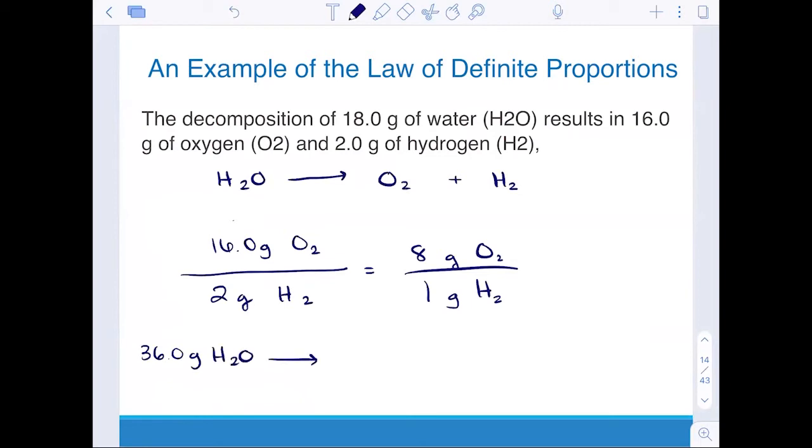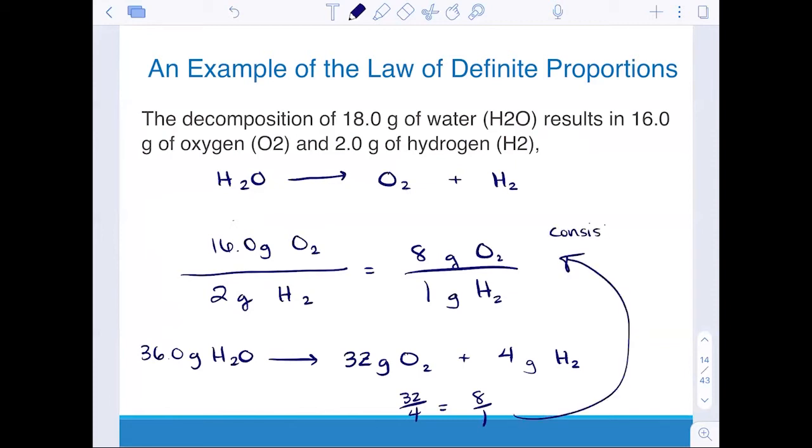It will decompose every single time to 32 grams of oxygen and 4 grams of hydrogen. And the reason for that is because of the ratio. Still an 8 to 1. Gonna be consistent. The constituent elements will always be in a fixed ratio.